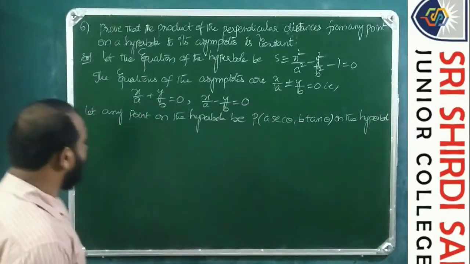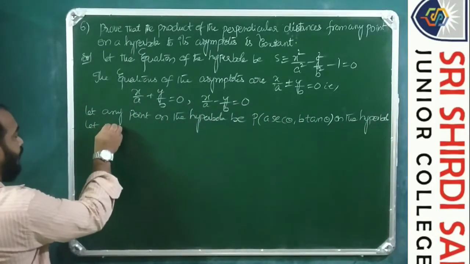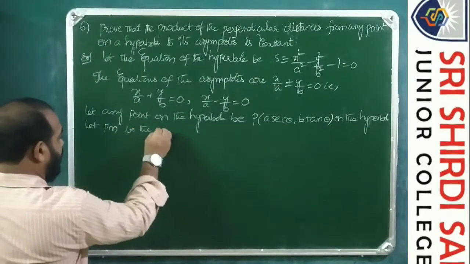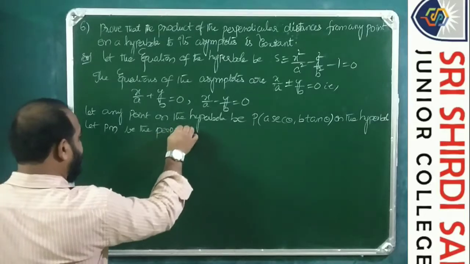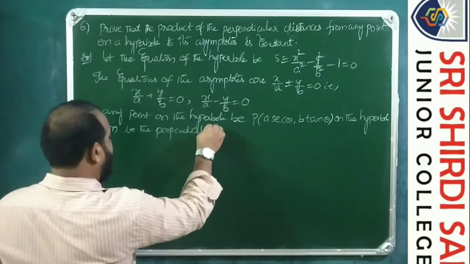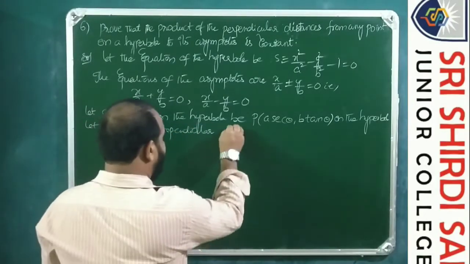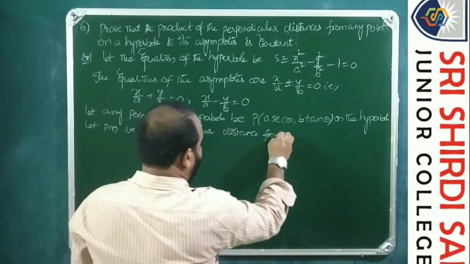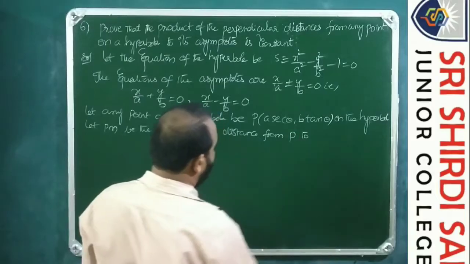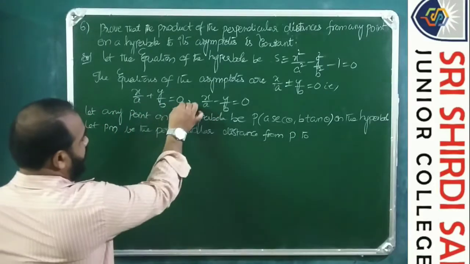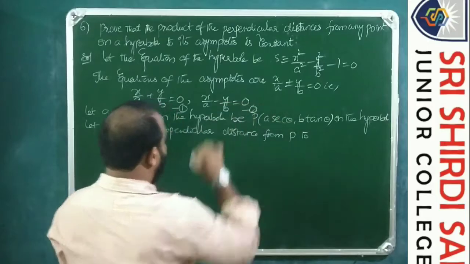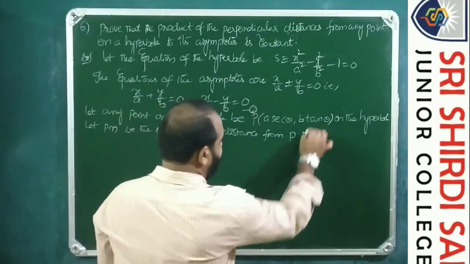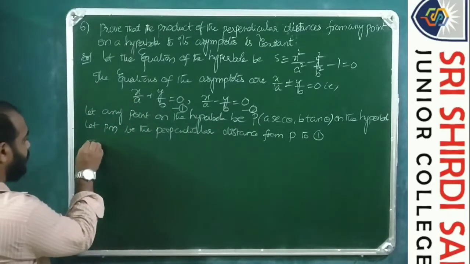Now let PM be the perpendicular distance from P to the asymptote, x by a plus y by b equals 0.